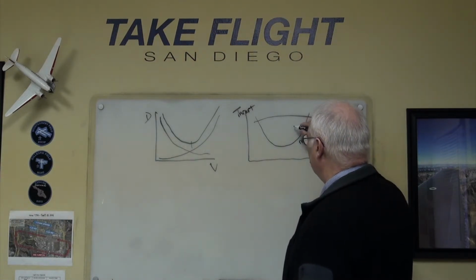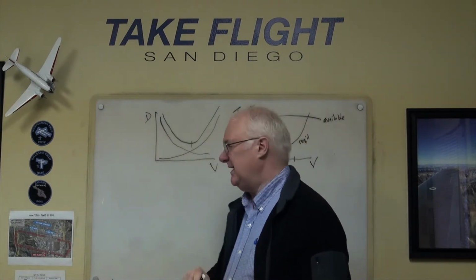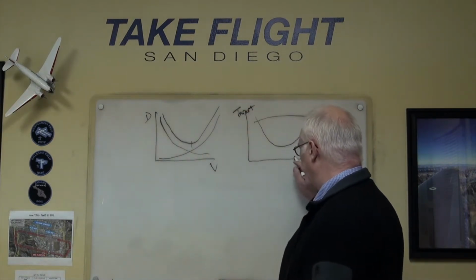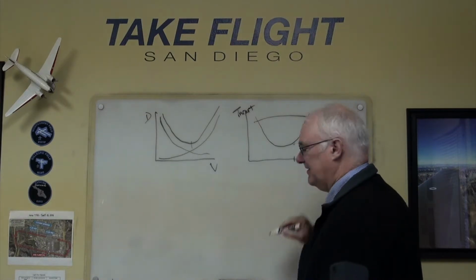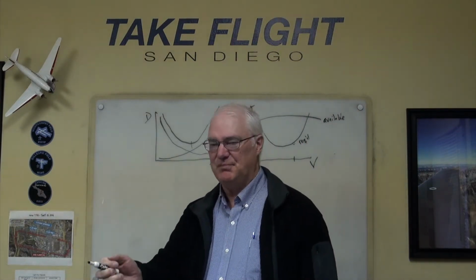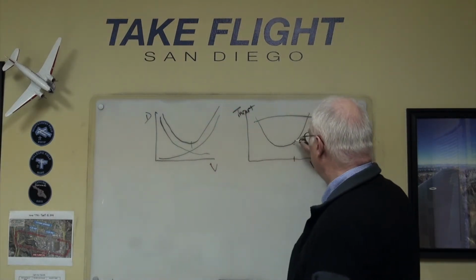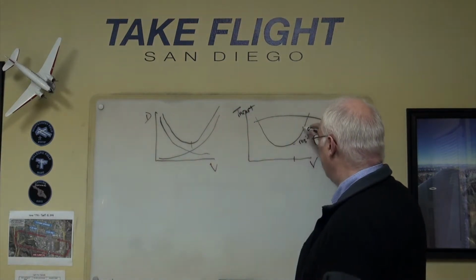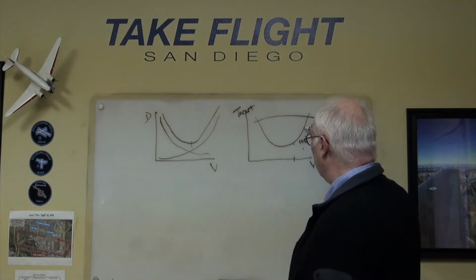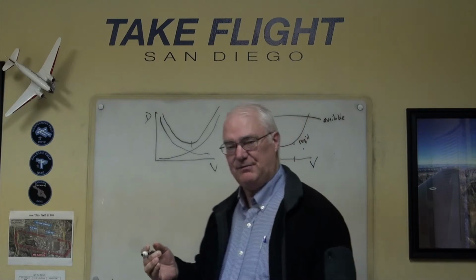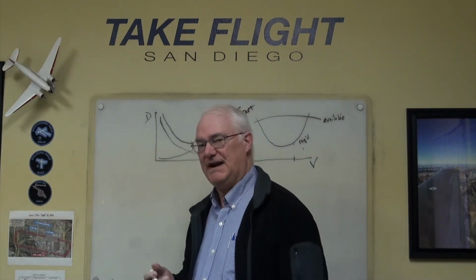Now think about it this way: we're flying along somewhere here at a nice steady airspeed. If we put some more throttle in, we get more thrust. That brings us up, and the airplane just naturally speeds up to whatever thrust setting you have that matches the drag.